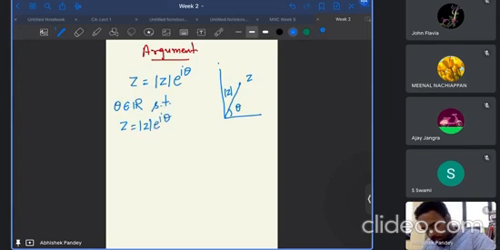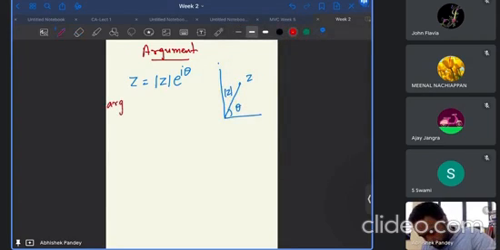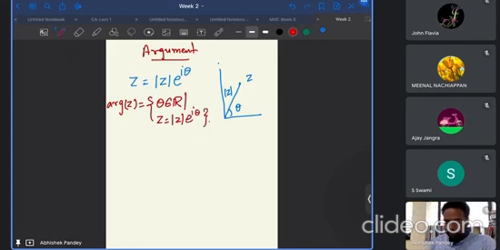This is the definition of argument. So what is the definition of argument of Z? Argument of Z is basically theta belonging to R such that Z is equal to mod Z e to the power iota theta. Z should be non-zero obviously here.